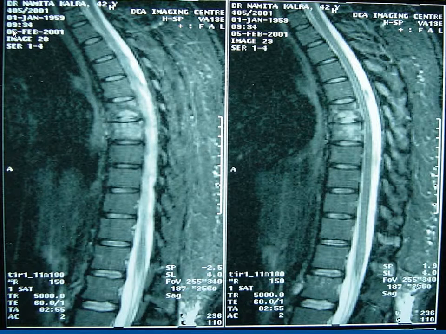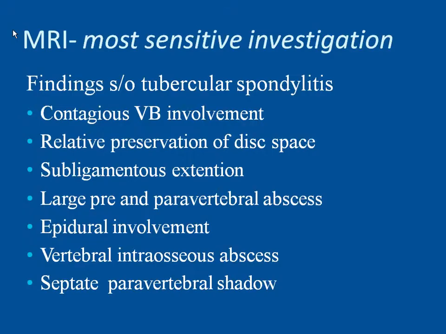And here the disc space is possibly invaginating right into the softened vertebral body. If the patient is picked up at this early stage, there will be a complete resolution of the vertebrae with the drugs.